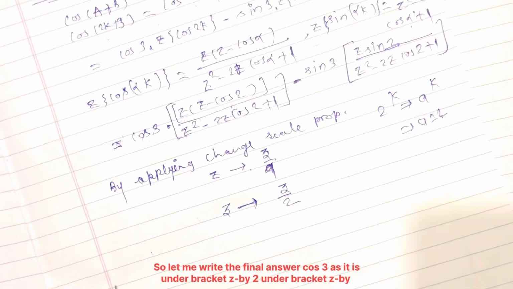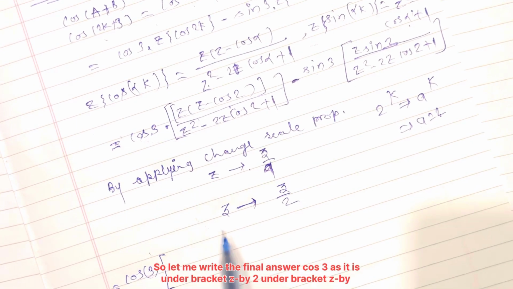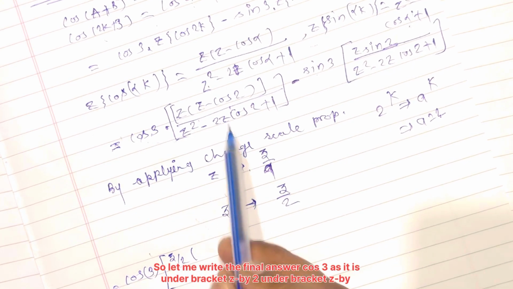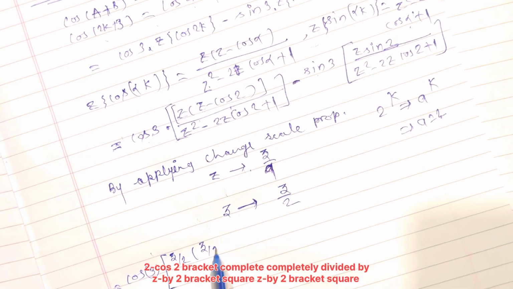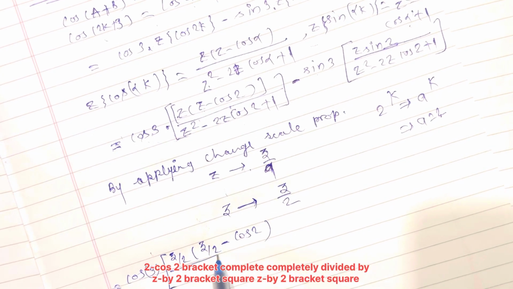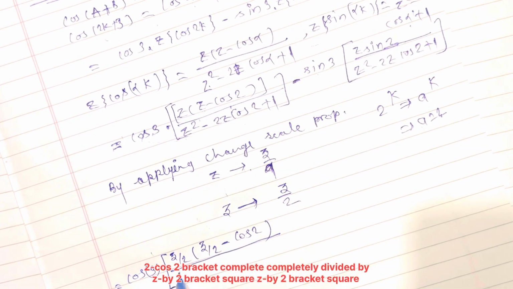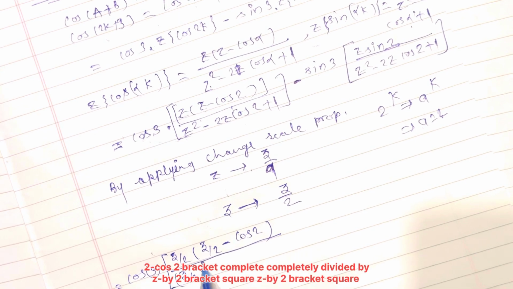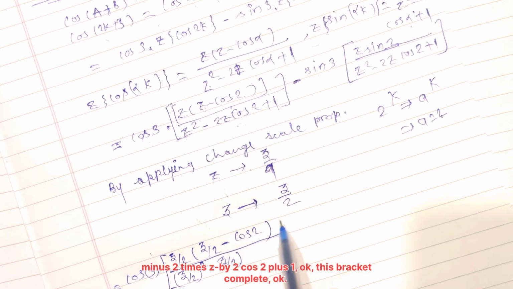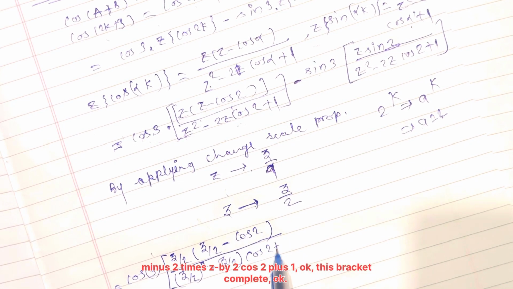Let me write the final answer: cos 3 as it is, times the bracket z by 2, times z by 2 minus cos 2, completely divided by z by 2 squared minus 2 times z by 2 cos 2 plus 1.